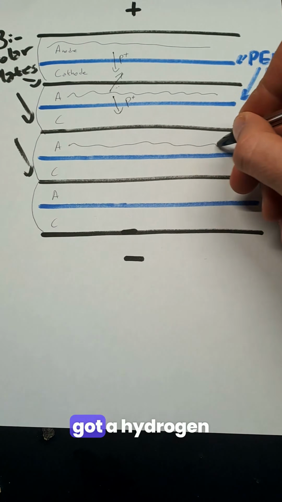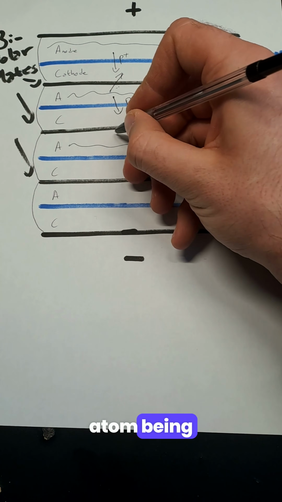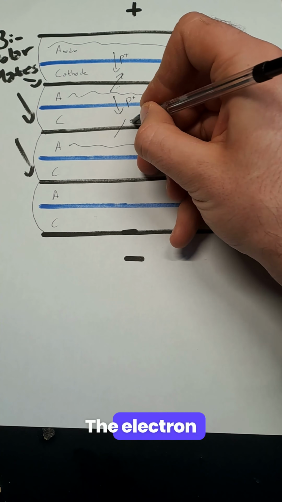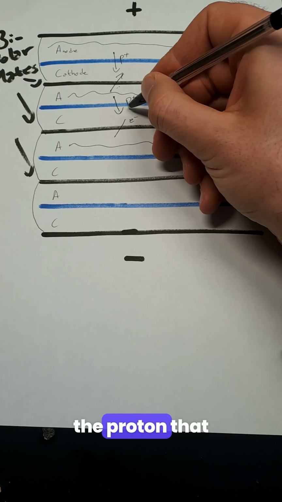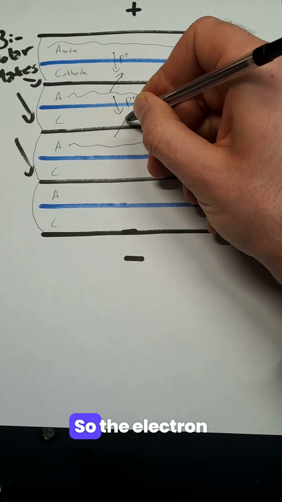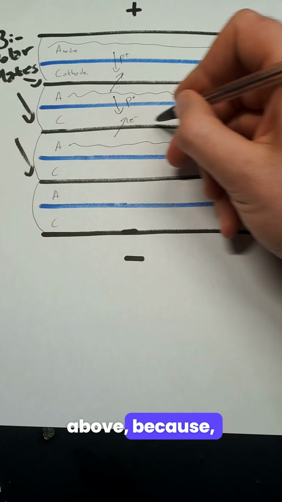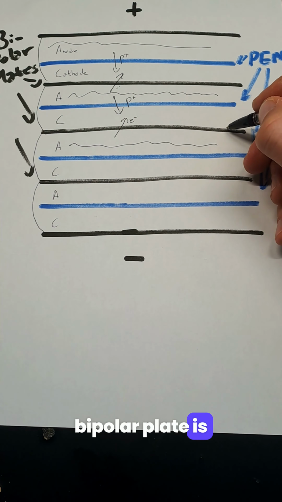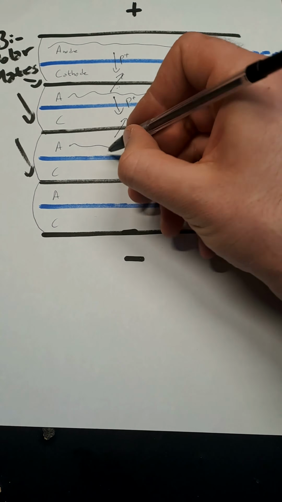So again, we've got a hydrogen atom being split. The electron will go and join the proton that came from the next cell. So the electron will go back to the cell above because, like we said, the bipolar plate is electrically conductive.